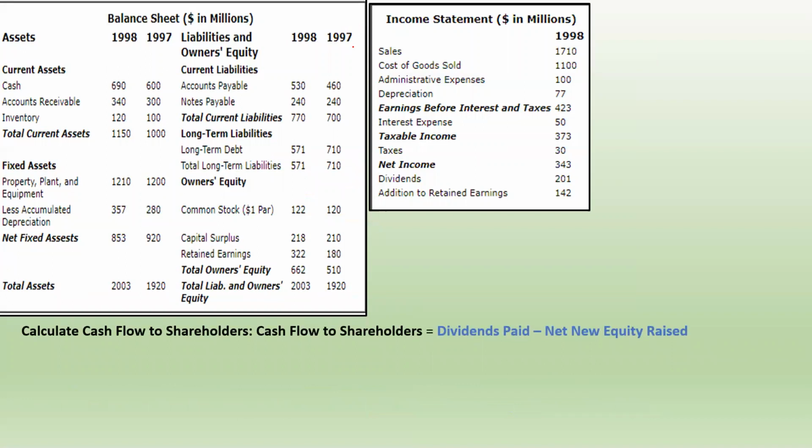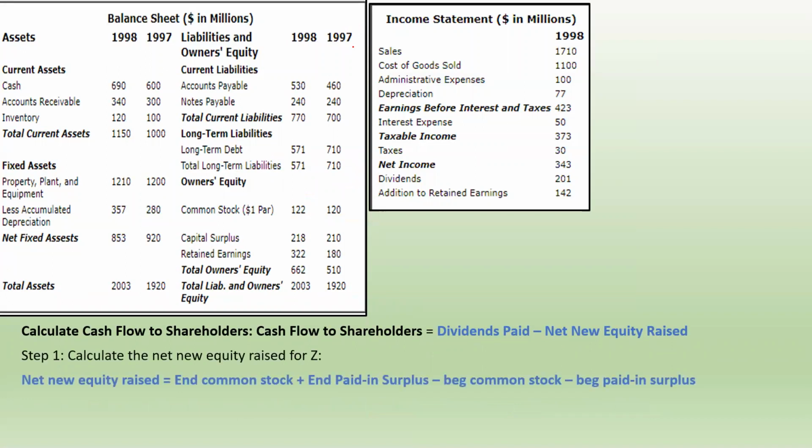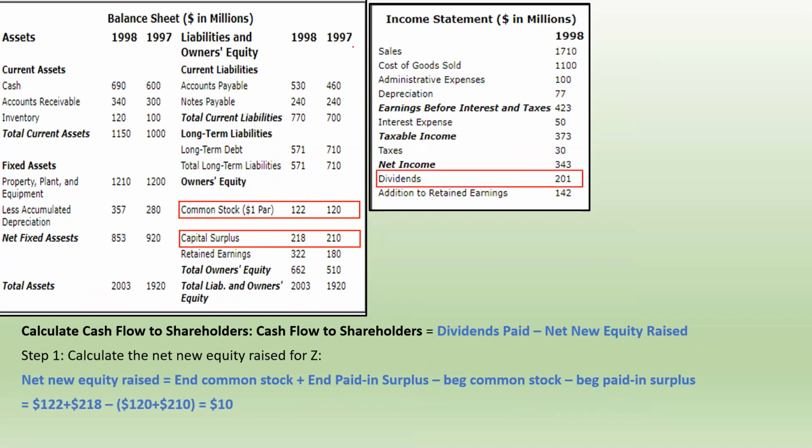For the cash flow to shareholders, the net new equity raised is ending common stock plus ending paid-in surplus minus beginning common stock minus beginning paid-in surplus. This paid-in surplus is also called capital surplus. Then we found the net new equity raised is $10.